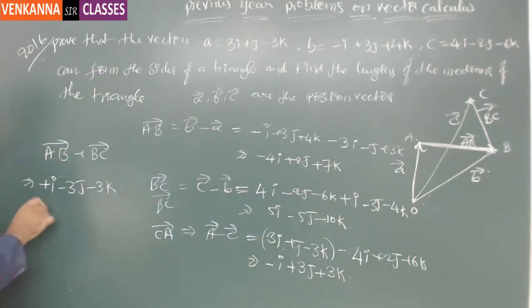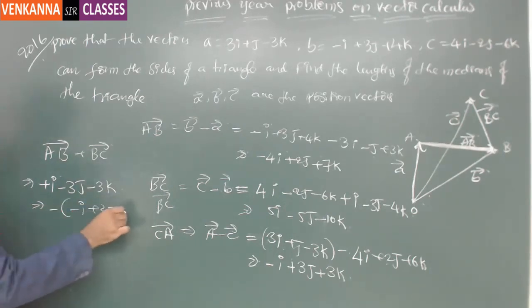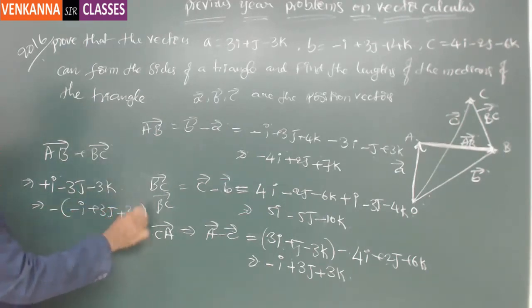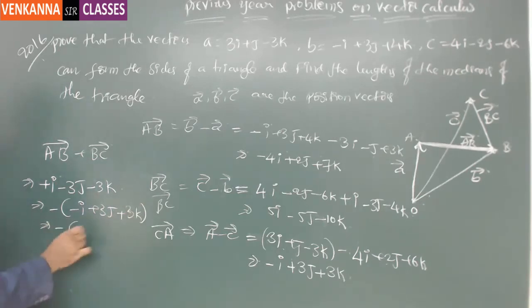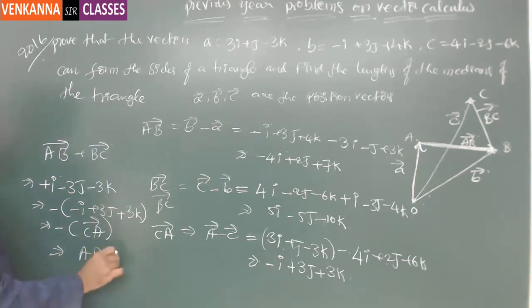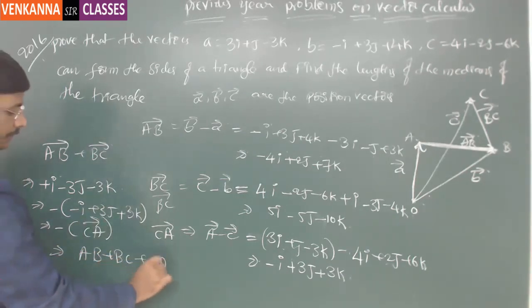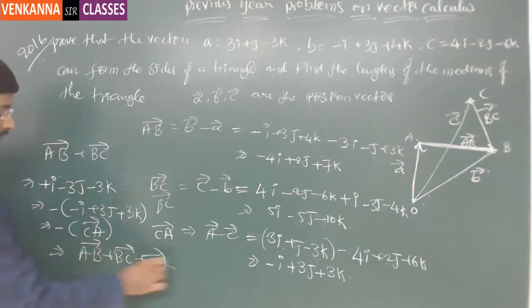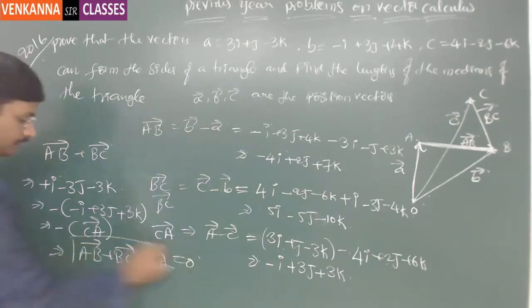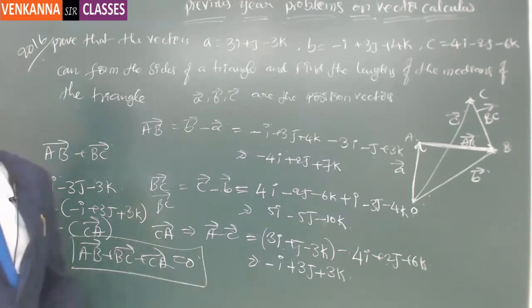If you notice, this is minus of minus i plus 3j plus 3k. So this is minus of the CA vector. So AB plus BC plus CA, this sum is coming out to be 0. Hence the three vectors will form a triangle. Got it?